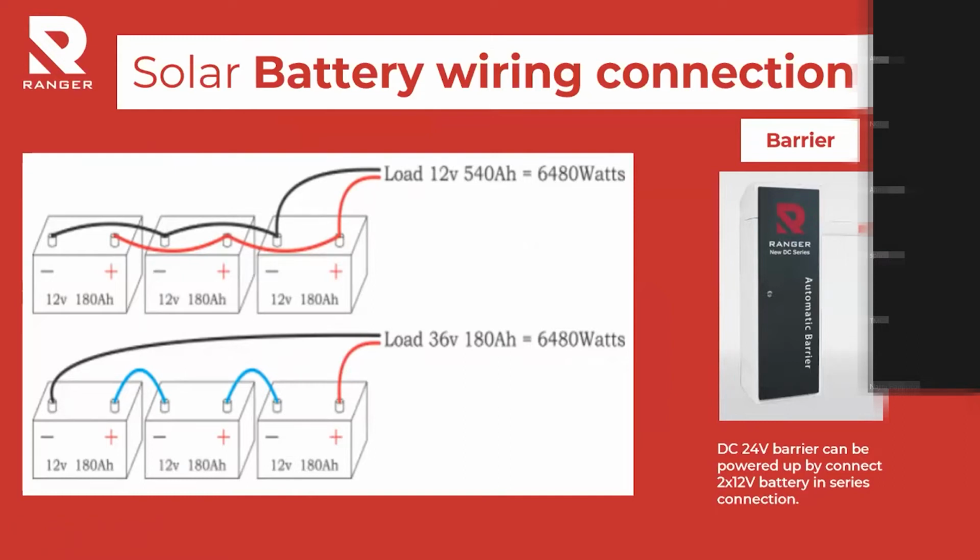If you want to use 24 volt or 36 volt, you can make a series connection. Series connection adds all the volts, doubling or tripling the voltage based on how many batteries you connect. Parallel connection sums all the AH, which is the capacity of the battery.